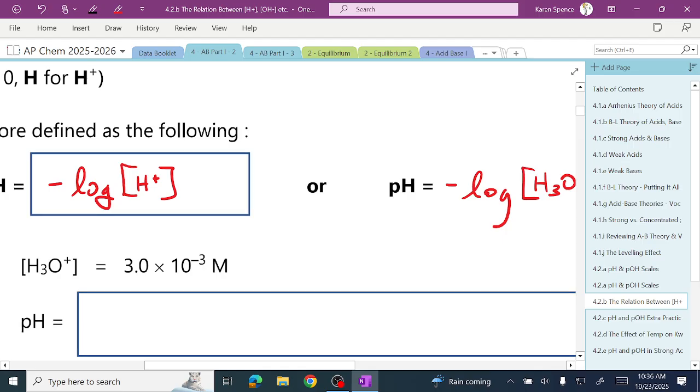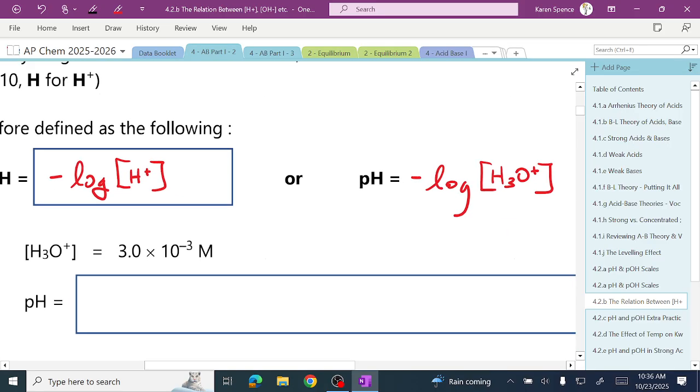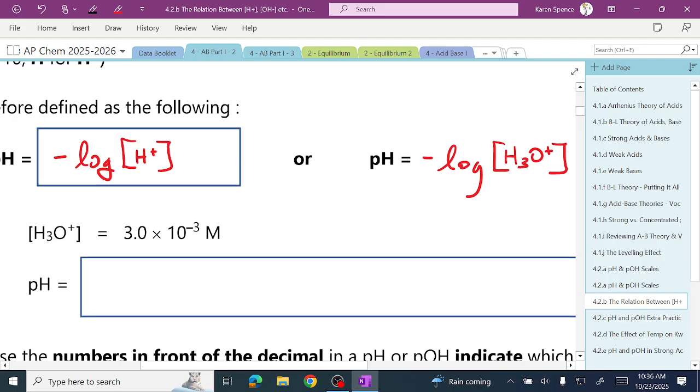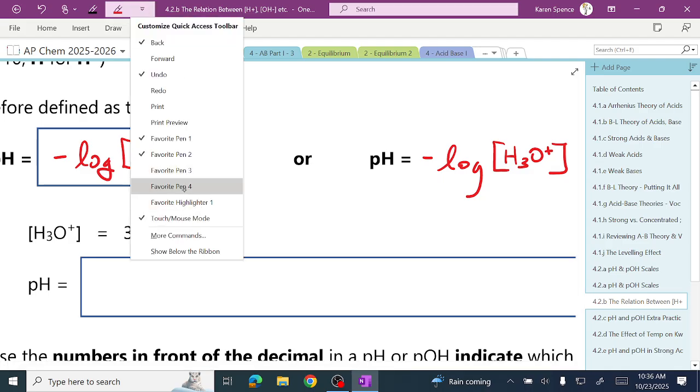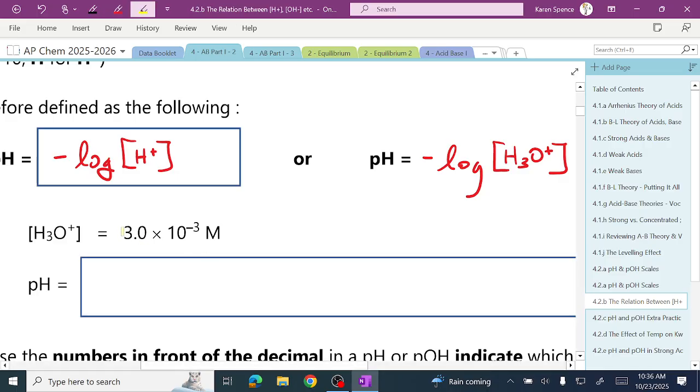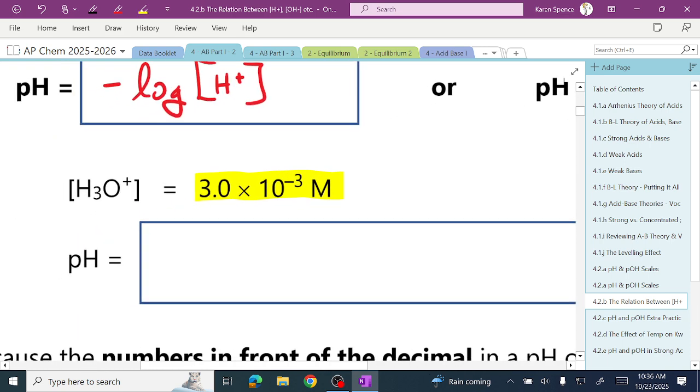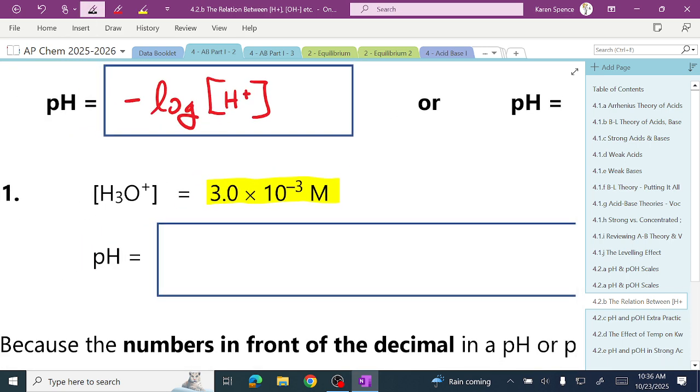So if we are doing this next question, let's find the pH if we have a hydronium concentration of 3 times 10 to the negative 3. And you should show your work for this. Every time you do one of these questions, you should show your work.